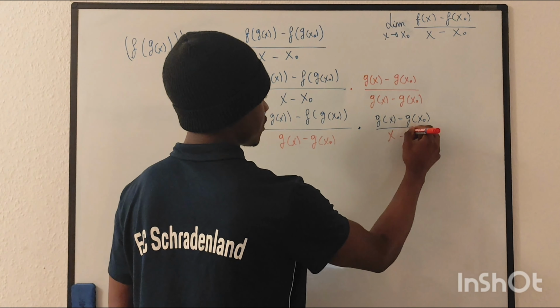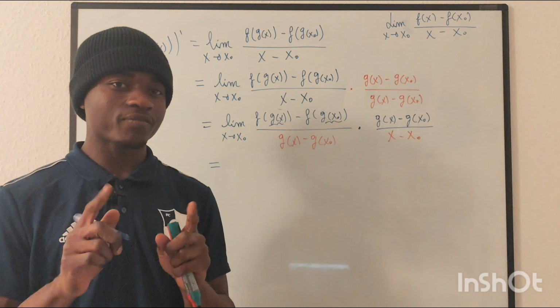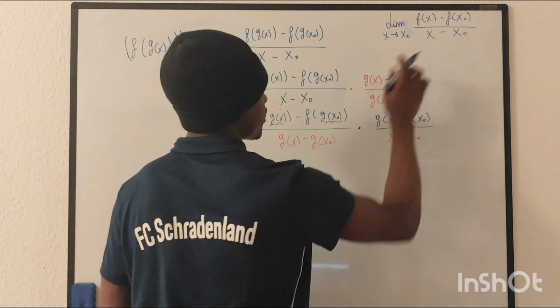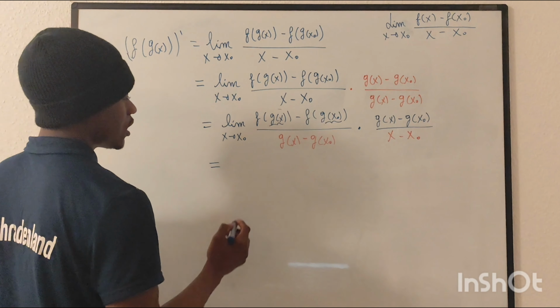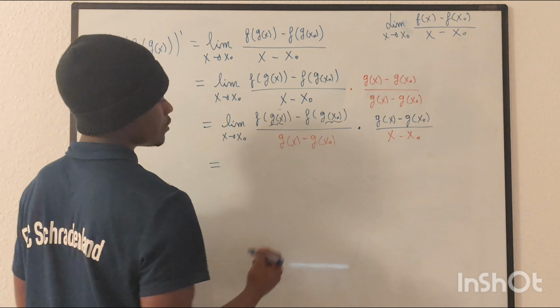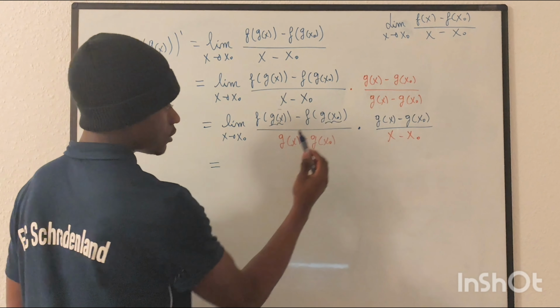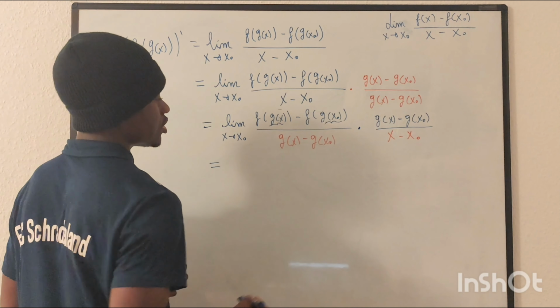x minus x0. By having a precise look on this expression, we can recognize a very important pattern. This is the expression or the definition of the derivative. If we consider g(x) as a number here on both sides, I will then have f of g(x) minus f of g(x0) divided by the difference between g(x) and g(x0).